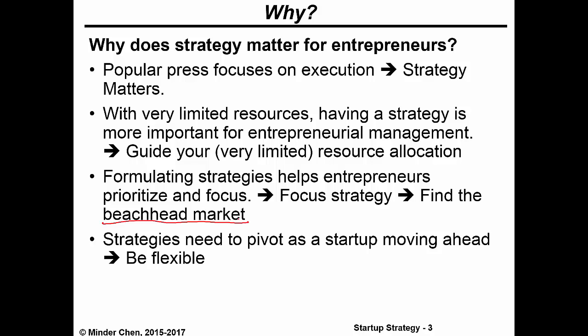And in formulating your strategy, you need to be flexible. Sometimes you will pivot your strategy when you find out that the reality is not the way you assumed it is. So being flexible, being able to adapt and pivot when needed is important in our strategy setting process.